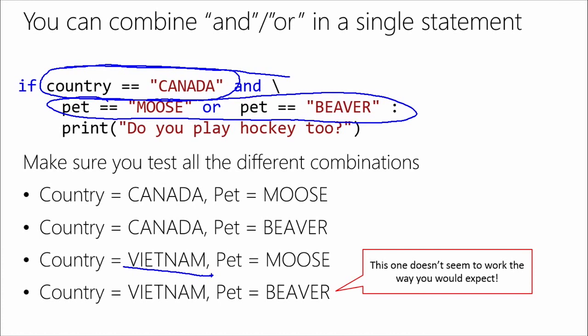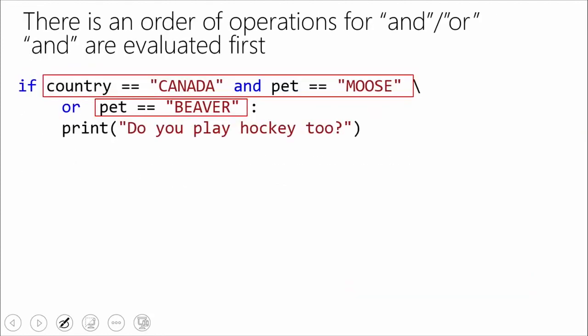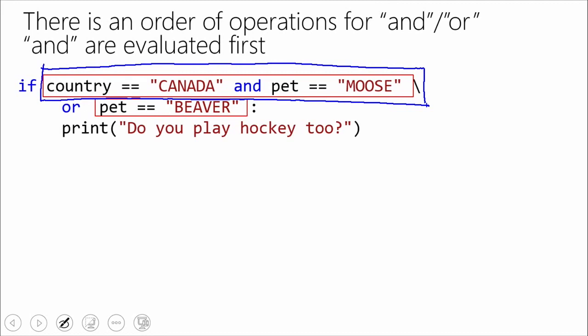Exactly. So what's happening is this. Order of precedence is that it's running that and statement first. And if I go back to this slide, because this breaks it down perfectly, it's running that part there first, and then it's running that part second.